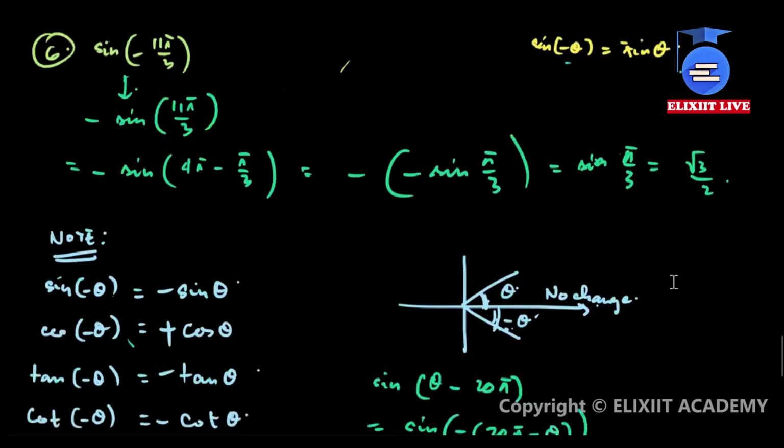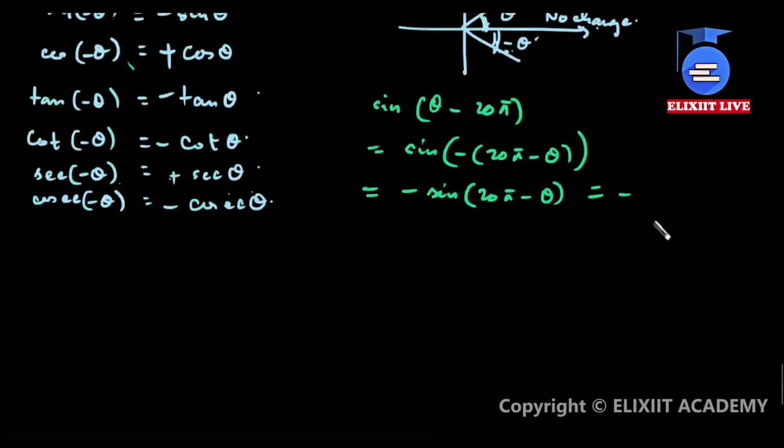In the fourth quadrant sine is negative, so this is minus sine theta. So minus will cancel out, and this is simply sine theta. So sine of theta minus 20 pi is sine theta. Simple logic.